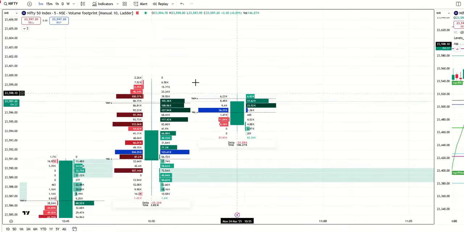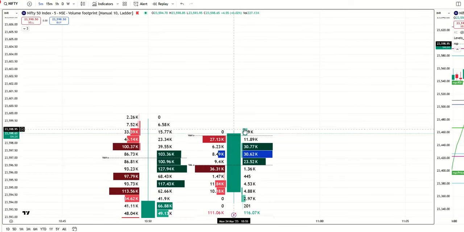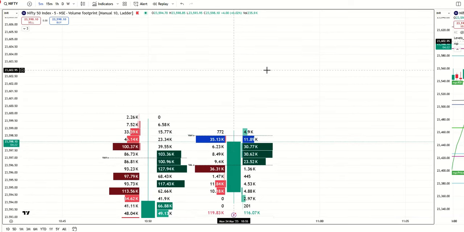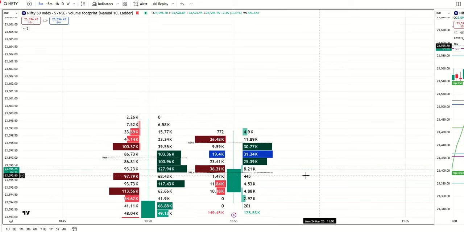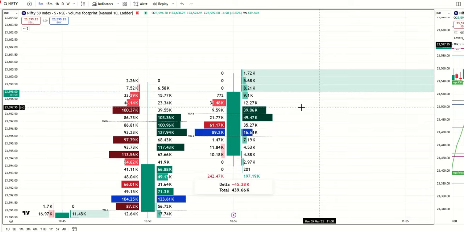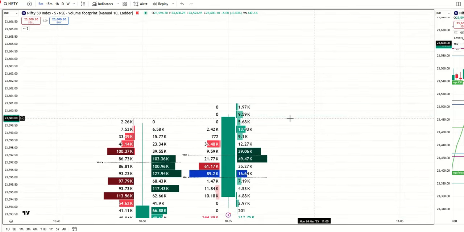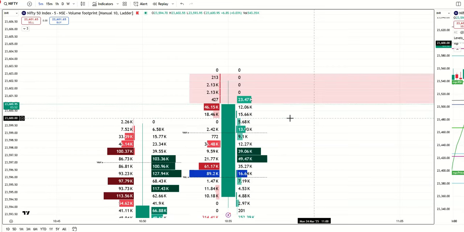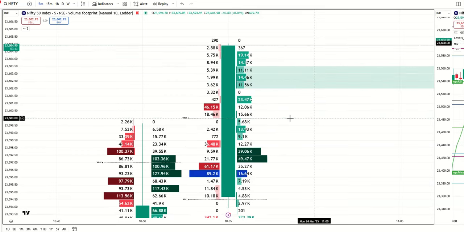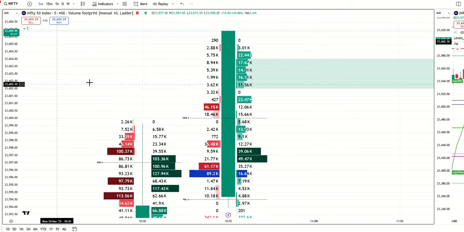Now you see the buying here. If 600 crosses and sustains, 630 we will see quickly. You see this. Now you see this buying. You agree?